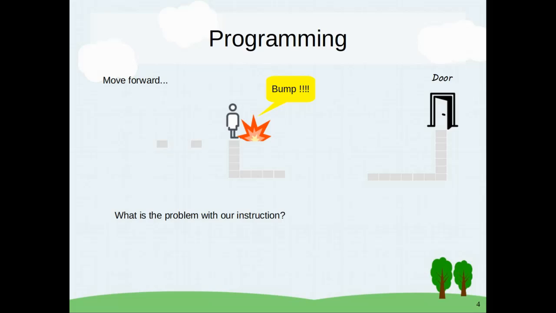So what do we mean by specific? The first instruction for that blind man was move forward. How can we make this a specific instruction? If we say move 3 steps forward, instead of move forward, what will happen in this case?